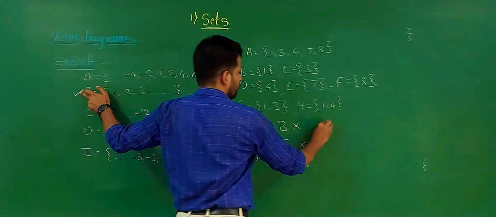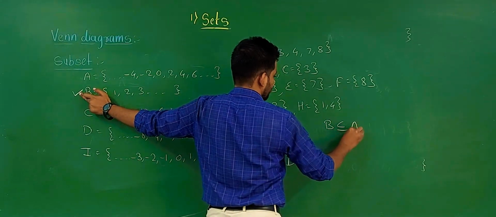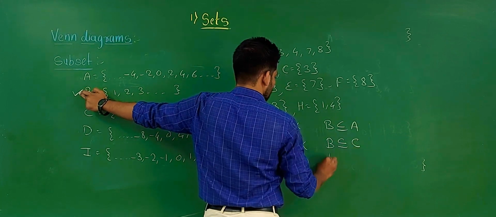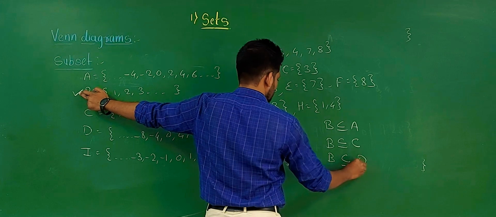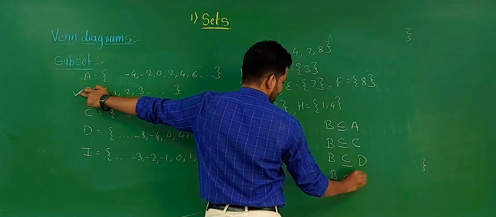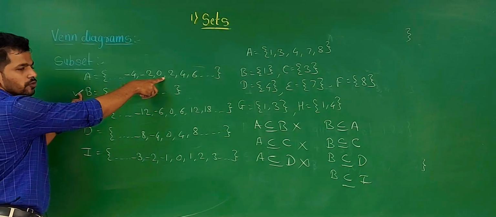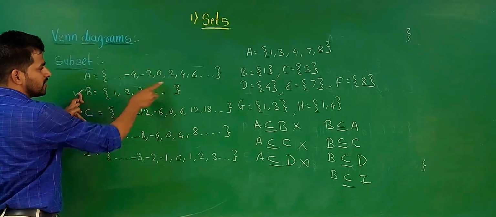B is a subset of all sets, means B is a subset of A, B is a subset of C, B is a subset of D, and B is a subset of I. Let's check. 1, absent. 2 is there, but 3 is not there.